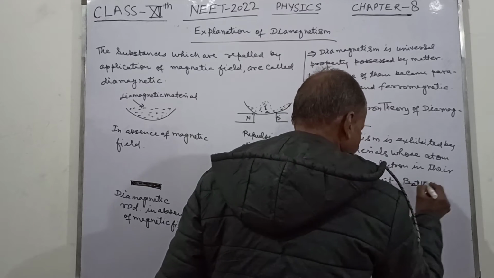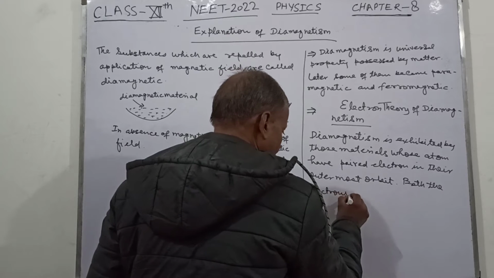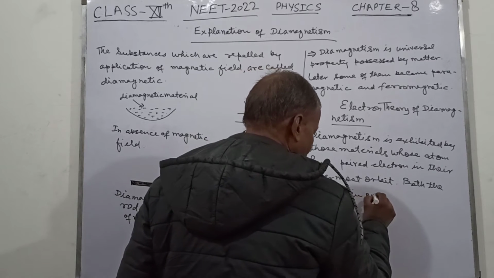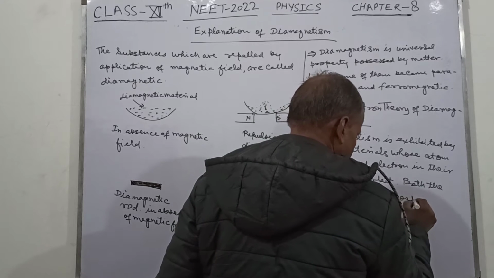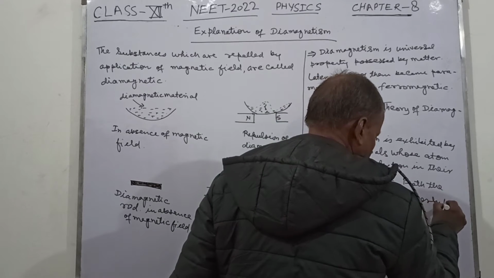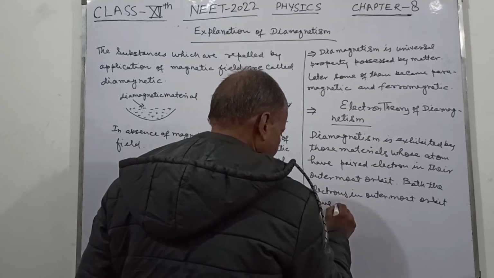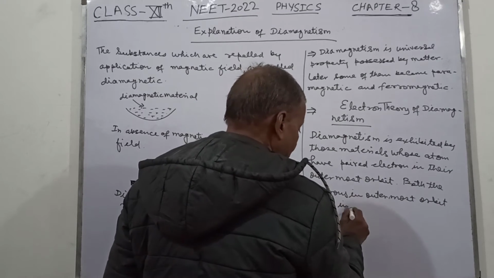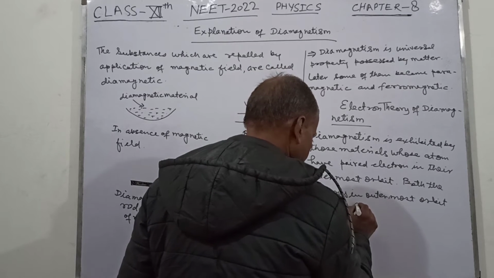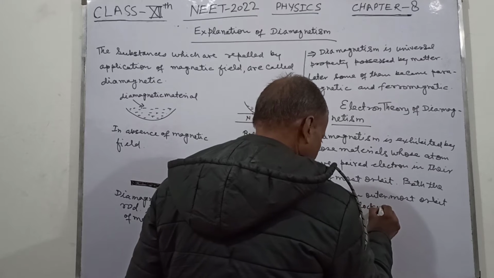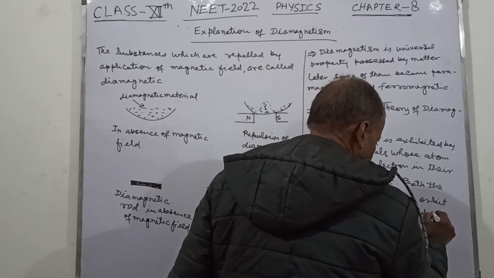Both the electrons in the outermost orbit move clockwise and anti-clockwise.